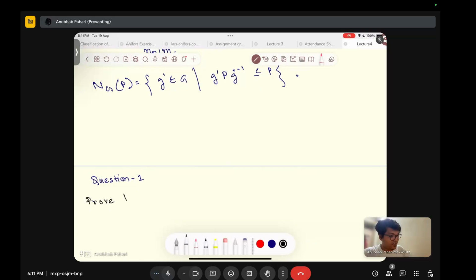Prove that if order of G equals 312, that is 2 cubed times 3 times 13, then G is not simple.